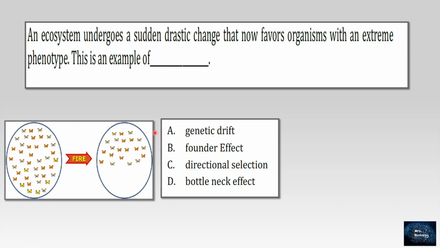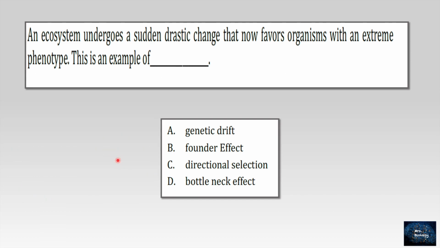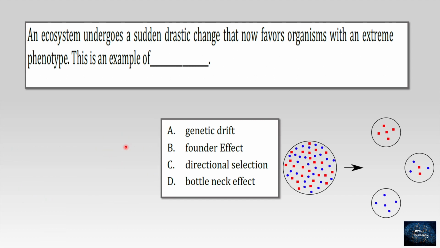Genetic drift. That means random fluctuations in the numbers of gene variants in a population. So it's not the extreme phenotype. Move on. Founder effect. Founder effect refers to the reduction in genomic variability that occurs when a small group of individuals becomes separated from a large population.